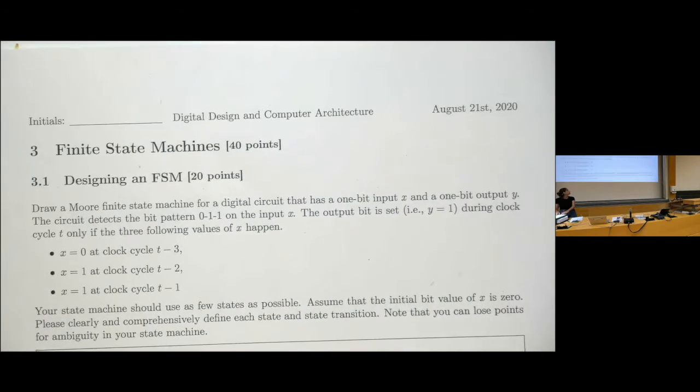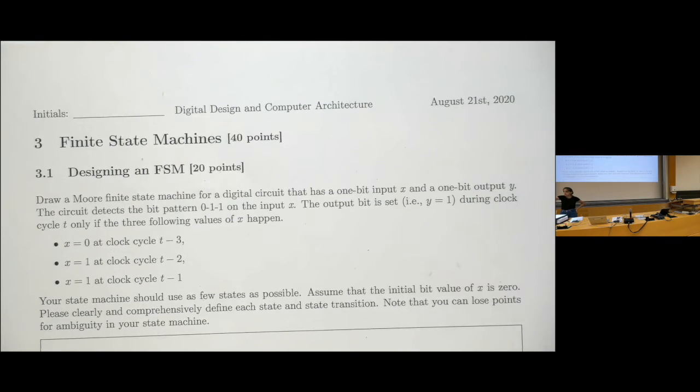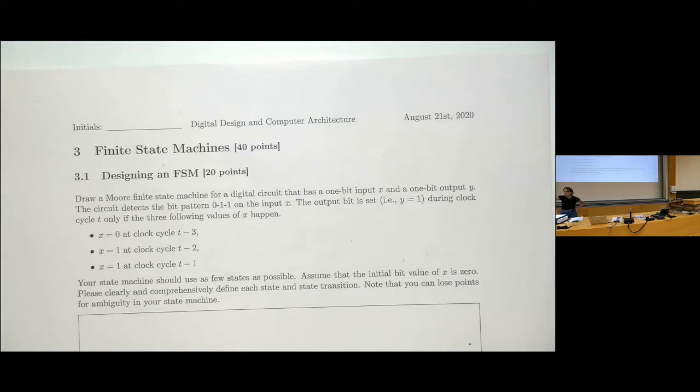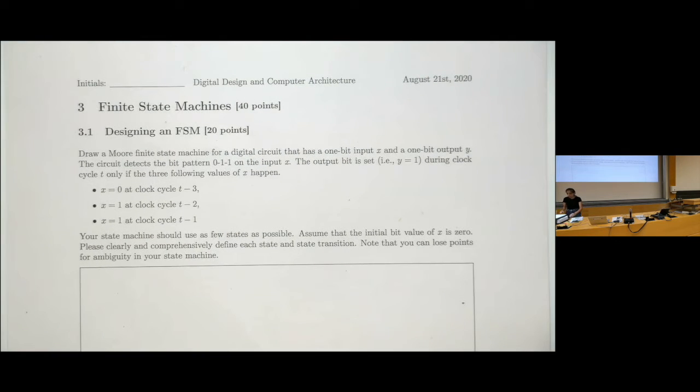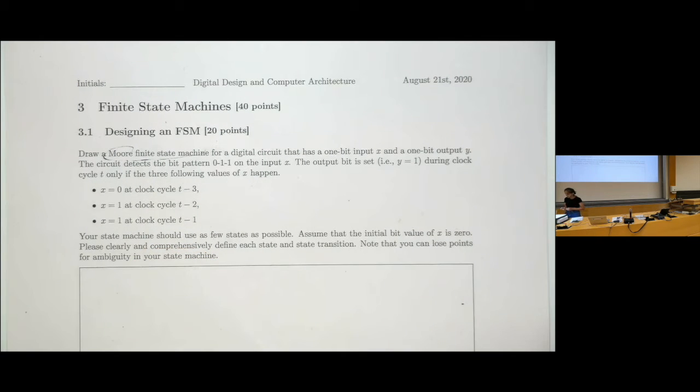So the next question is about finite state machines. Okay. So first, it says that you're going to need a Moore finite state machine. So you have to draw the machine accordingly.